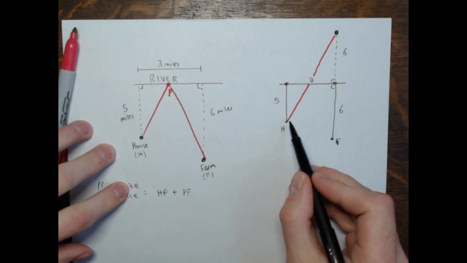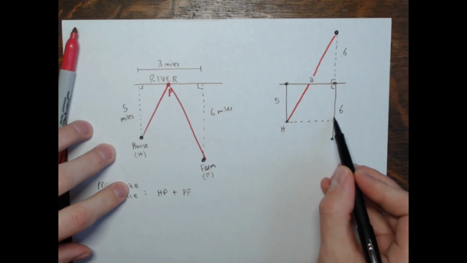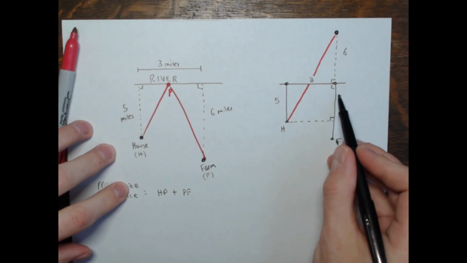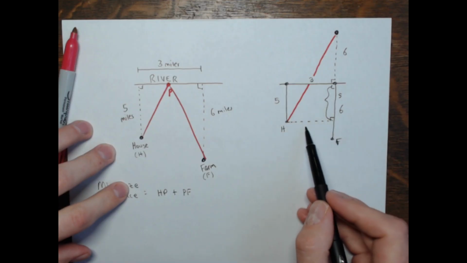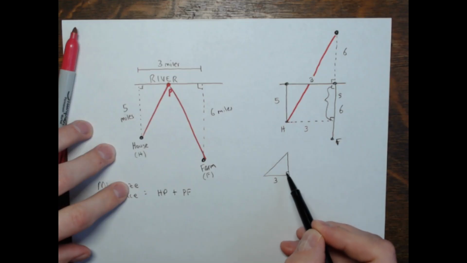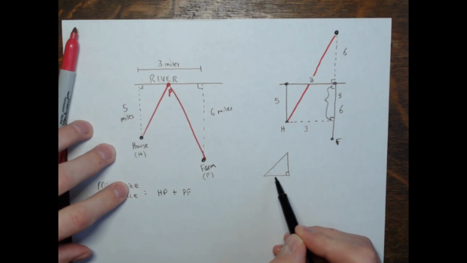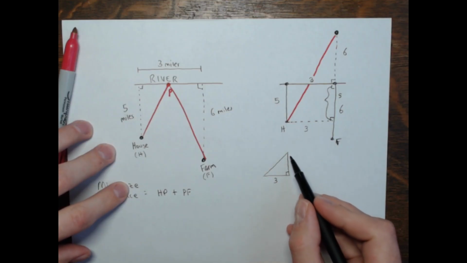So this minimal distance, I'm going to just make a little right triangle here. So this would be 5 then, this distance here. And this is 3. So we have this right triangle in this picture, where it's 3 here, across from the house to the farm, horizontal distance parallel to the river.